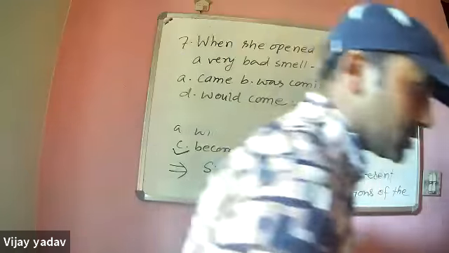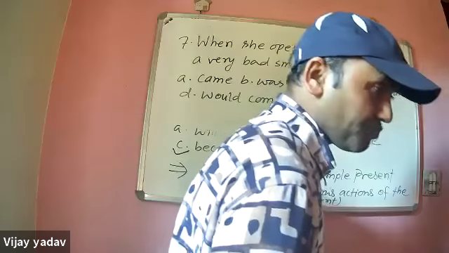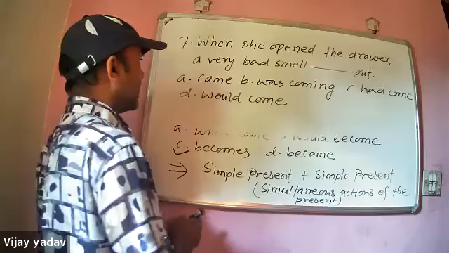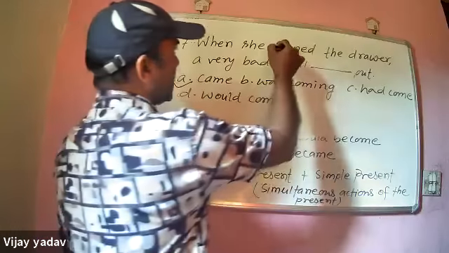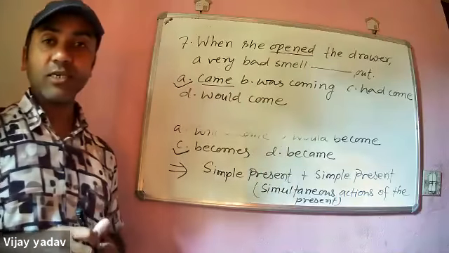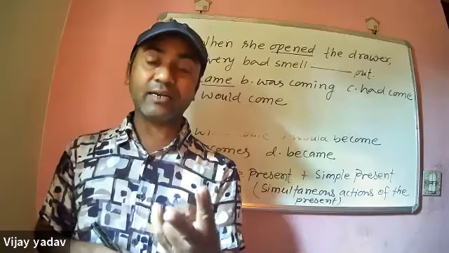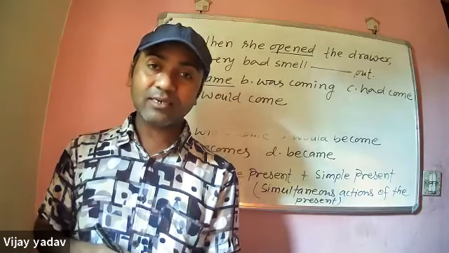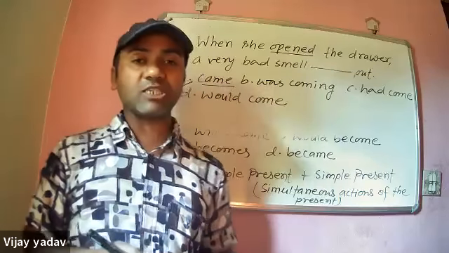So what do we use? That is option A, that is came. What do we see? Opened, simple past. Here also simple past. Isn't it? It means if two actions happened at the same time in the past, then for both we use simple past.